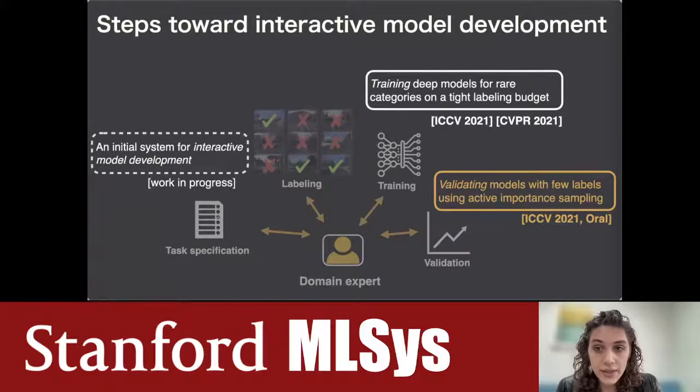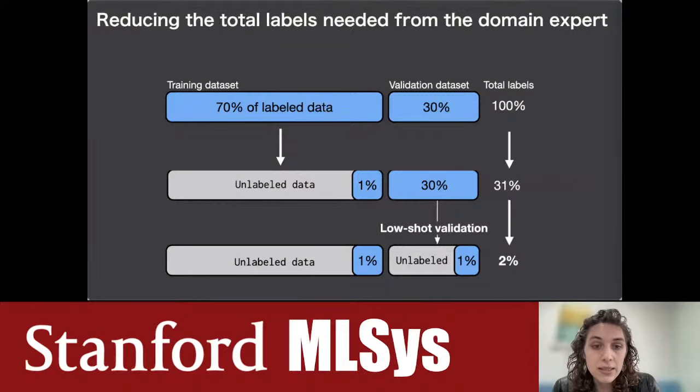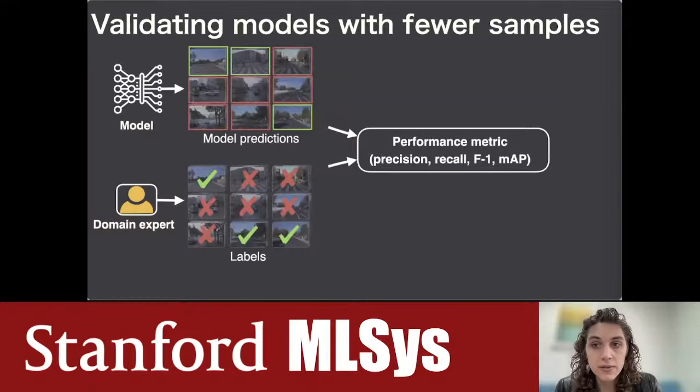So the goal here is to reduce the total labels much further, not by reducing the training label cost, but by reducing the total validation labels needed. So in other words, to state this problem more precisely, we'd like to estimate performance metrics like precision, recall, F1, MAP, but we don't want to have the expert exhaustively label all the data in order to estimate that.